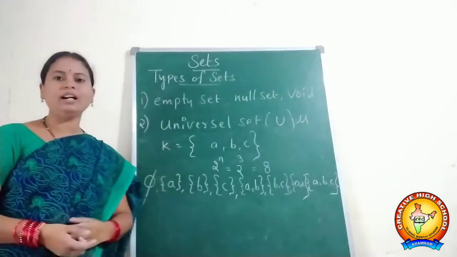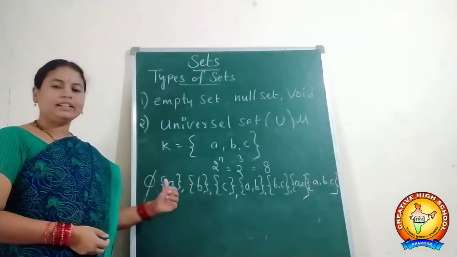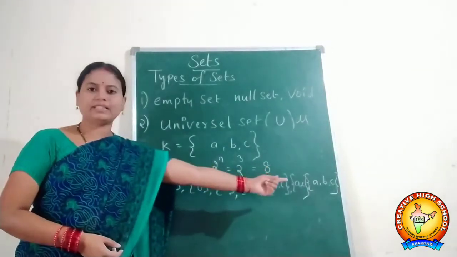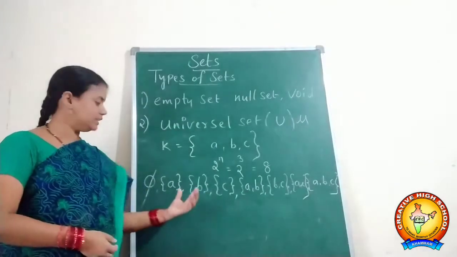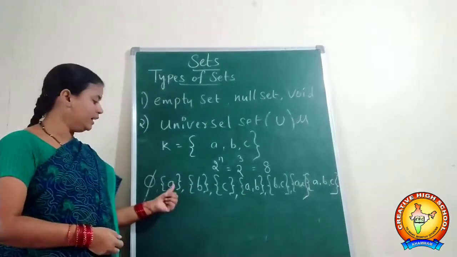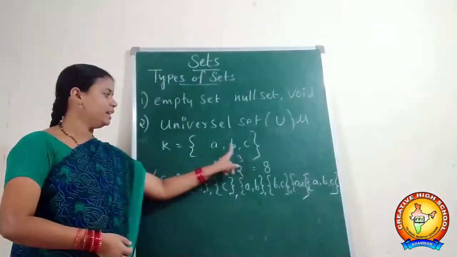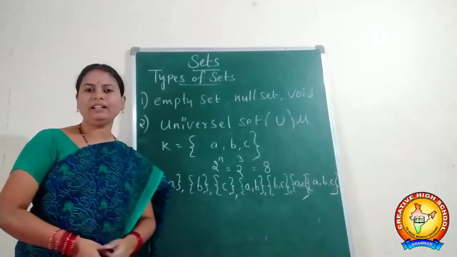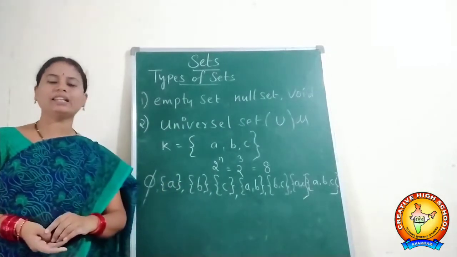We can write these from the given set. Phi is a subset of every set and every set is a subset of itself. So first we write all the elements individually, A, B, C, and after that two elements, AB, BC and AC. Like this we have to write the subsets for the given set.